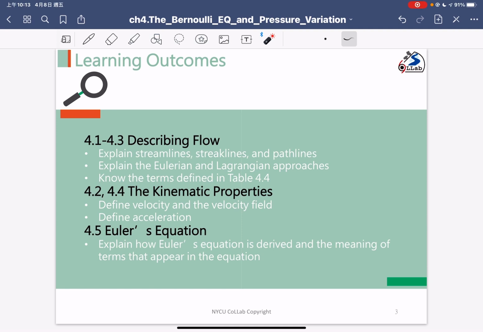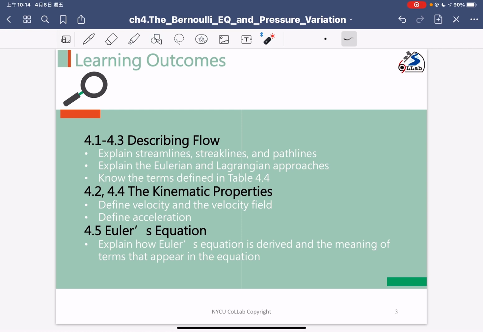So first we describe the flow, based on different methods, meaning the stream line, streak line, and path line. Under the three types of lines shown here, can we describe the flow?